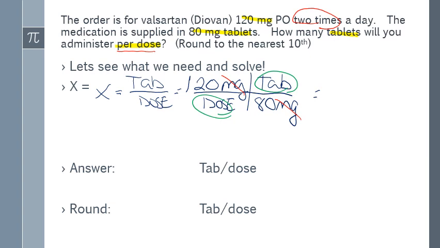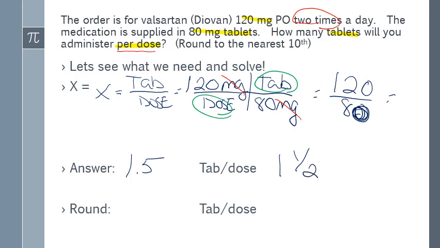Left with tablet per dose because that's exactly what we need. Whoop, not an equal sign, that's a 0. Sorry about that, folks. And what we're going to be left with once we do the math on that is 1.5 tablets per dose. You can also write it as 1 and 1/2. That would be acceptable.